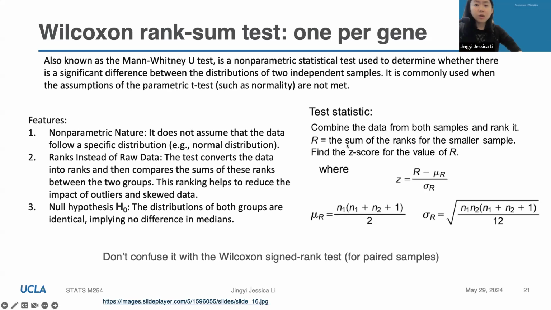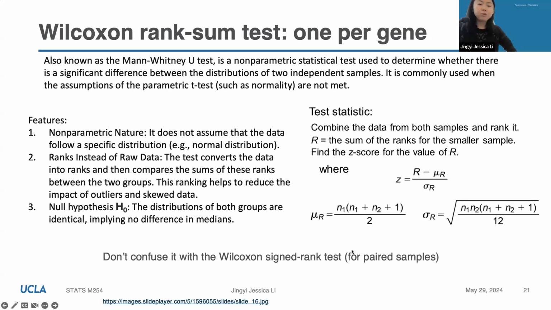All right, so basically this is the test statistic. R is the sum of the ranks for the smaller sample. You take the smaller rank sum and you do the standardization to convert it to a z-score. So you can use the z distribution, or standard normal distribution, as the null distribution for convenience.